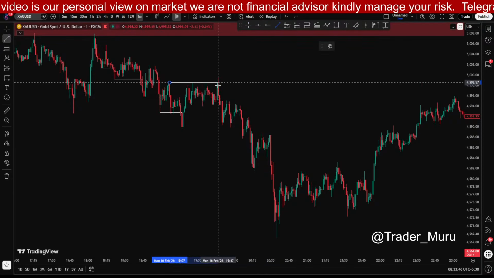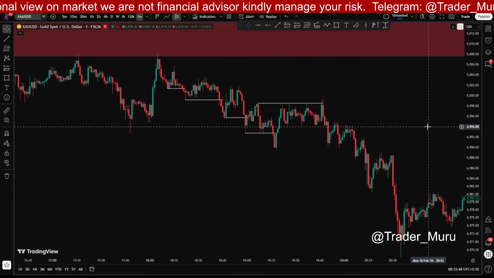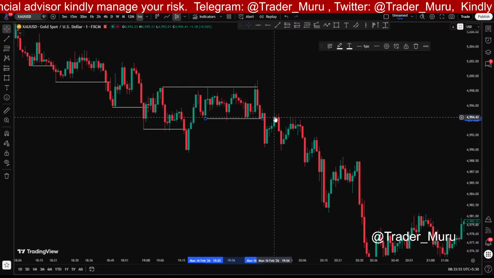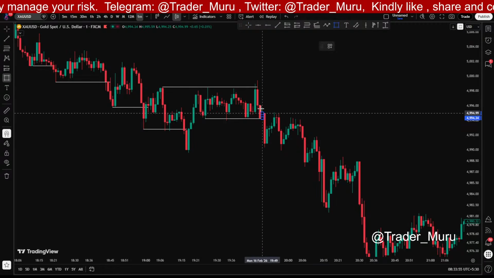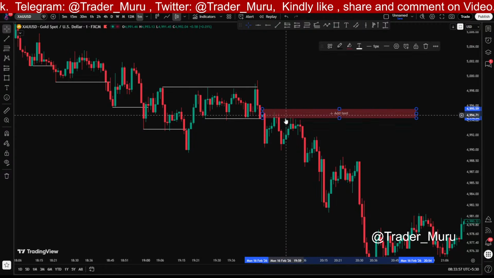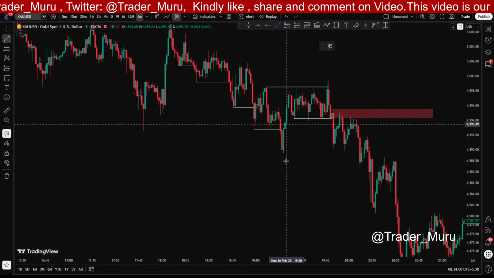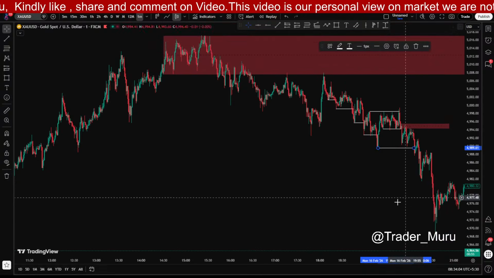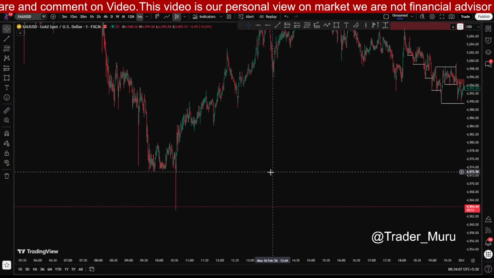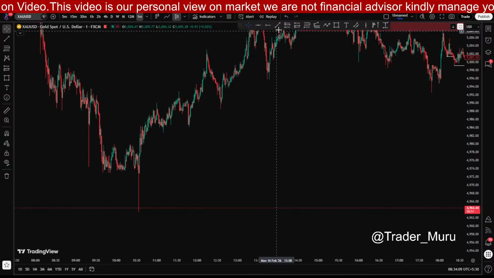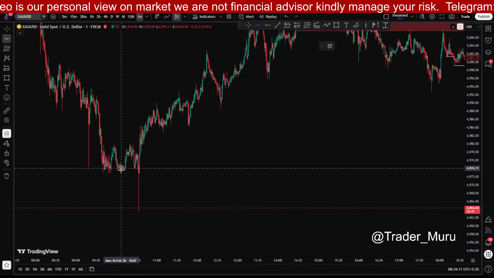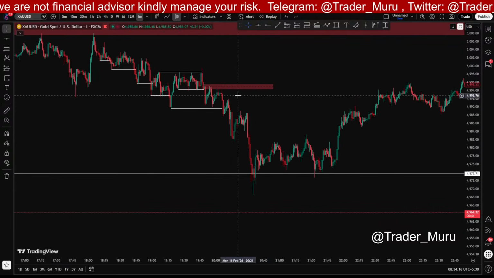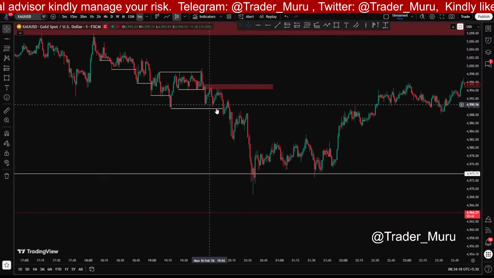Here it just swept liquidity, did not close above, then broke below this low, and it created this supply here. So I took a short from this supply. My first target was this low, and my second target was 75, which is this area here. And this is how you trade.